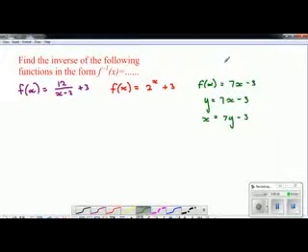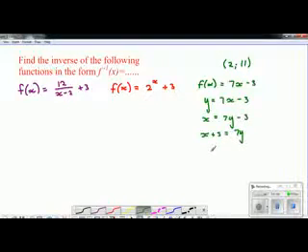If we put 2 into x here, we get 7 lots of 2, 14 take away 3 is 11. All right, now what we want is we want the 11 to be our input to give us 2 as the output, and that's why we've swapped x and y around. What I now do is I rearrange this formula to get y on its own. So x plus 3 is 7y, right?